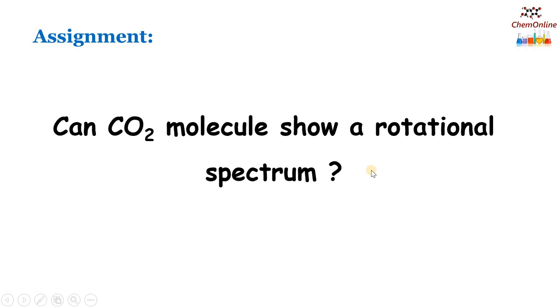Think about the symmetry of the CO2 molecule. CO2 is a polyatomic molecule having 2 oxygen and 1 carbon atom. Just think about its symmetry, check whether it has a permanent dipole moment or not, and find out the answer. In the next class, we will see the energy of a rotating diatomic molecule. Thank you.